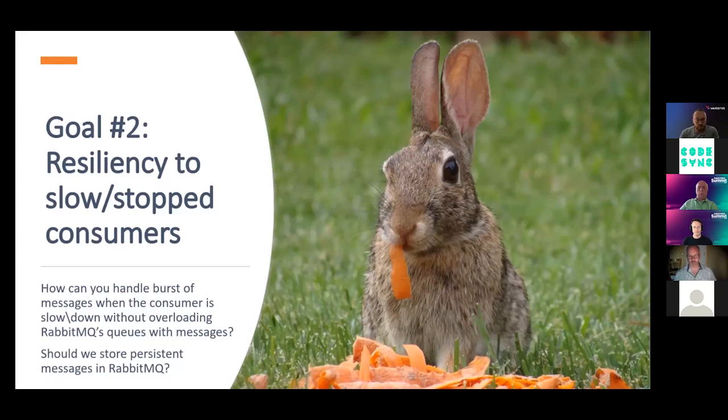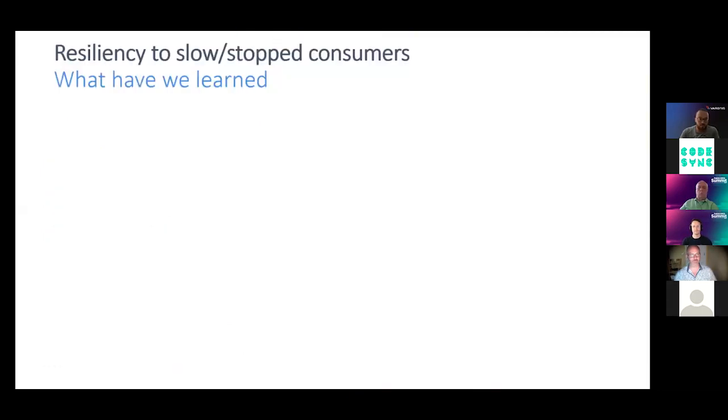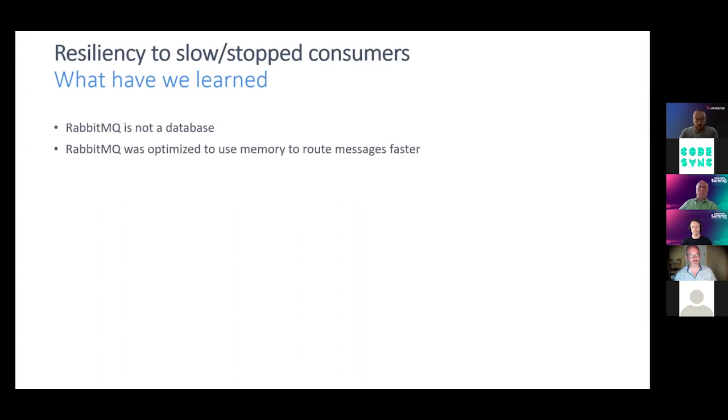So we figured out that once the consumer goes down, we don't want to overload the queues, because there are problems with that. And what we've learned: again, RabbitMQ is not a database.